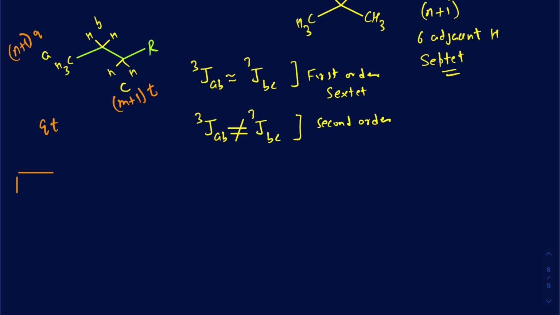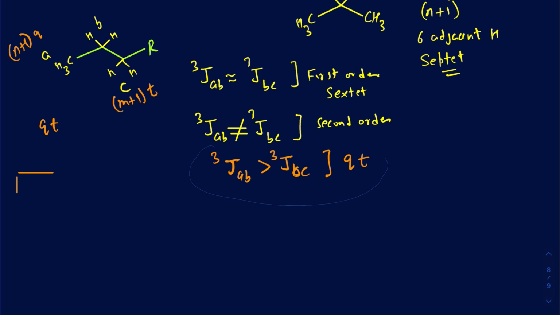So let's suppose the coupling constant between AB is bigger than BC, so it's still a 3-bond coupling here, then I'm going to say the AB would come up first. So that's going to be a quartet due to the AB here, and we're going to call that a quartet of triplets in that case.